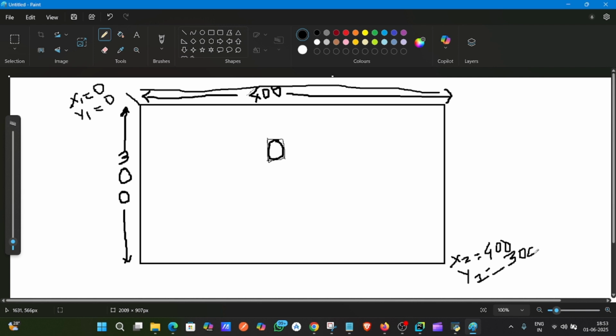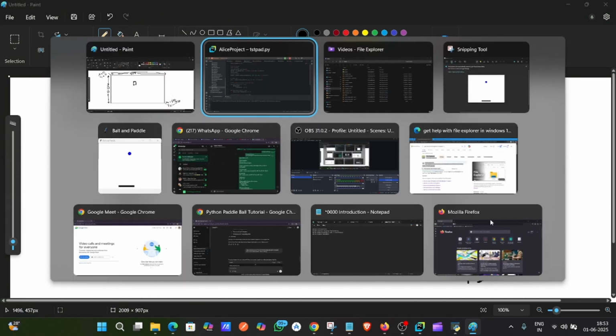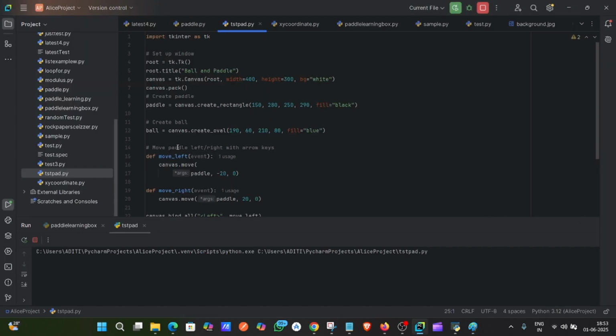And if you look at the code about the circle, the ball circle that we are trying to move now, this ball is drawn at this particular position: 190, 60, 210, 80.